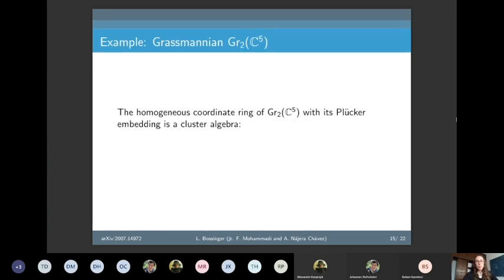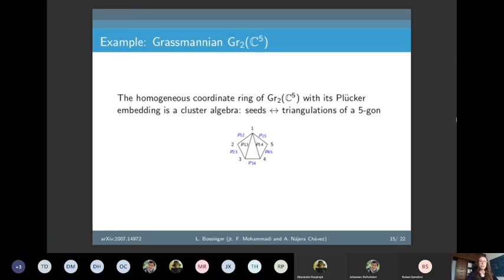So one very famous example is the homogeneous coordinate ring of the Grassmannian 2,5. So we can take the Grassmannian 2,5 with its cluster embedding, and then the homogeneous coordinate ring is this cluster algebra where seeds are in bijection with triangulations of a pentagon. So how does this look? If I have a pentagon, a triangulation is simply cutting this pentagon up into triangles.